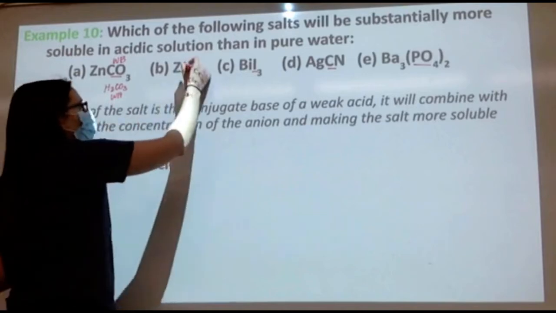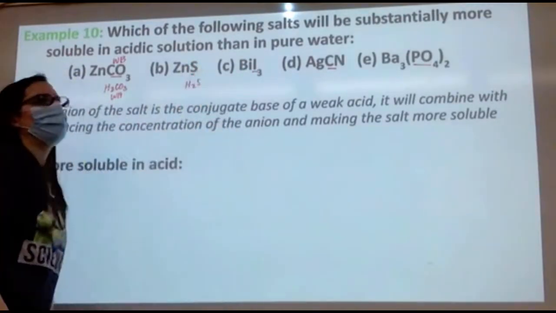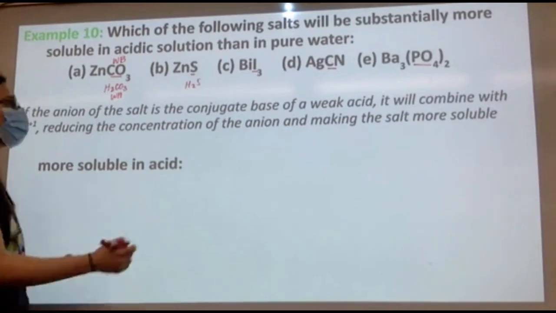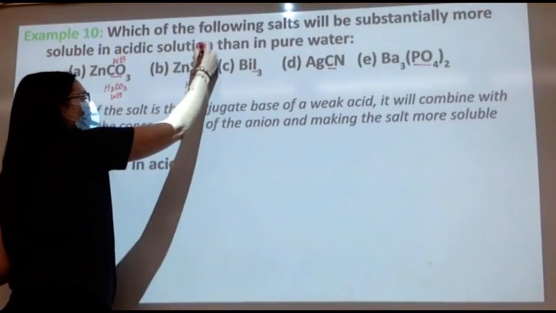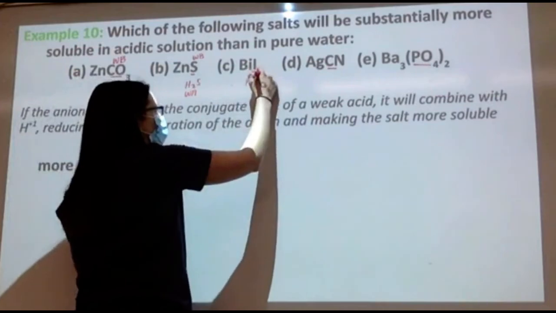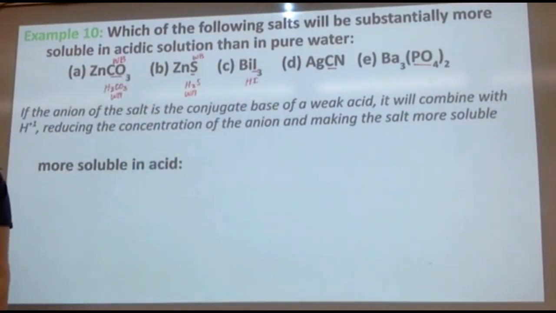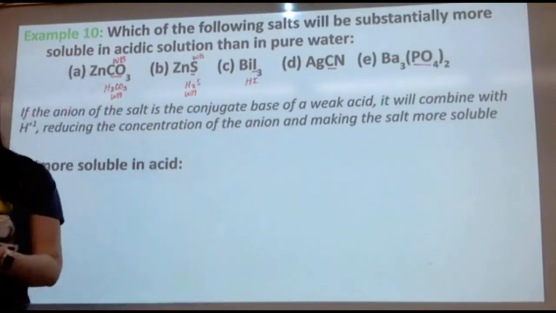Let's look at part B. We have S2 minus. That would come from hydrosulfuric acid, H2S. Is H2S one of the 7 strong acids? No. So this is a weak acid, meaning that S2 minus is a weak base. I minus comes from HI. Is HI one of the 7 strong acids? Yes. Right? HCl, HBr, HI.